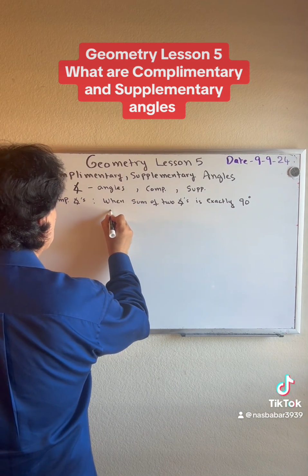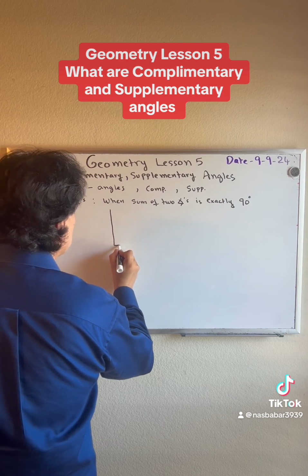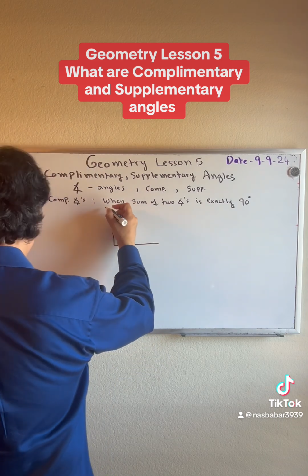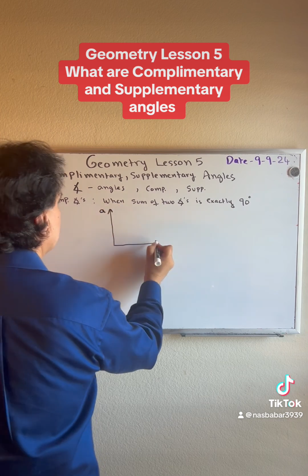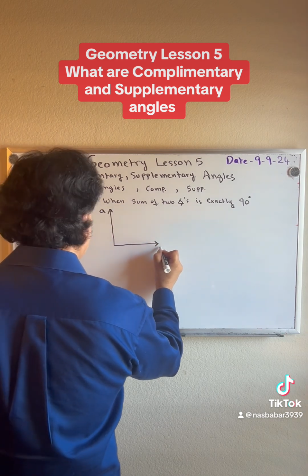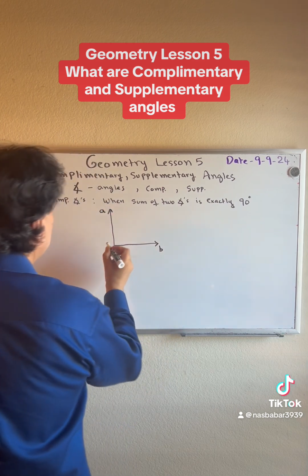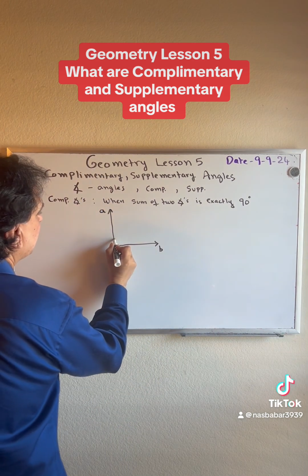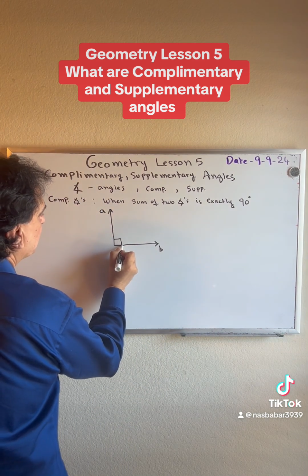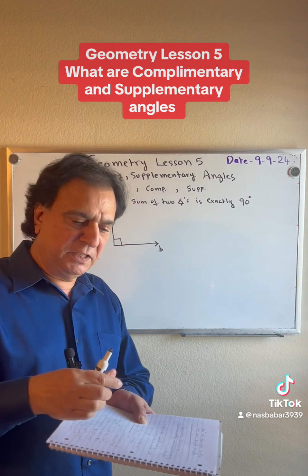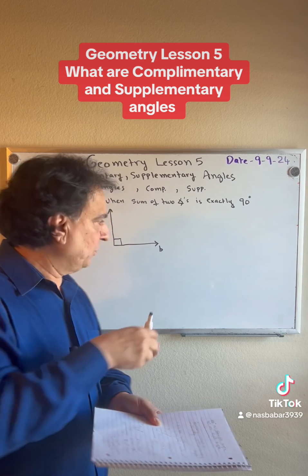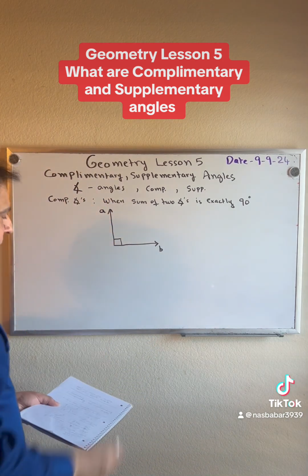If I draw something like this, let's call this A, call this B, and this is a 90-degree angle. This is how you denote it: you put a small square right here, which tells us that this is a 90-degree angle. This is perpendicular to this right here.